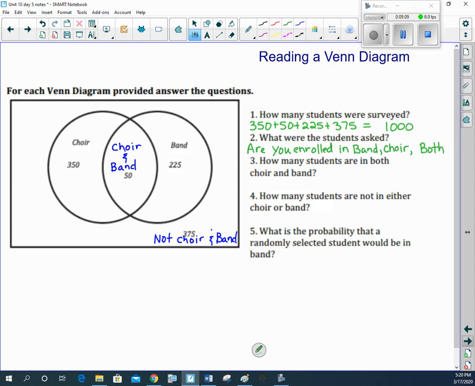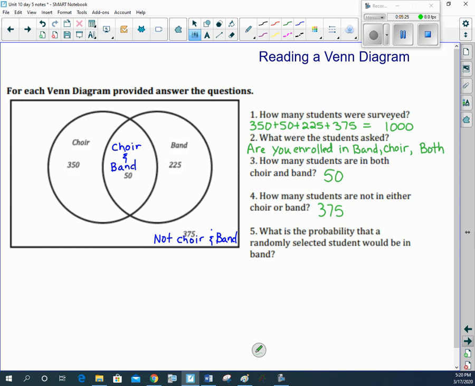How many students are in both choir and band? Well, that was 50. How many students are not in either choir or band? That was 375.